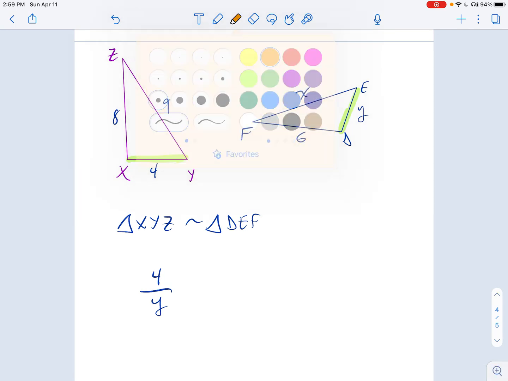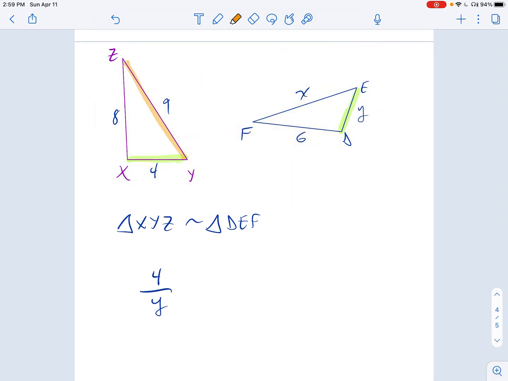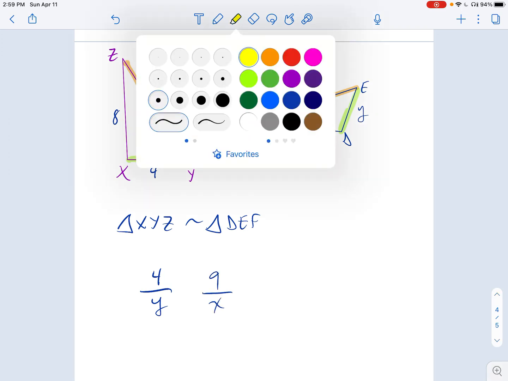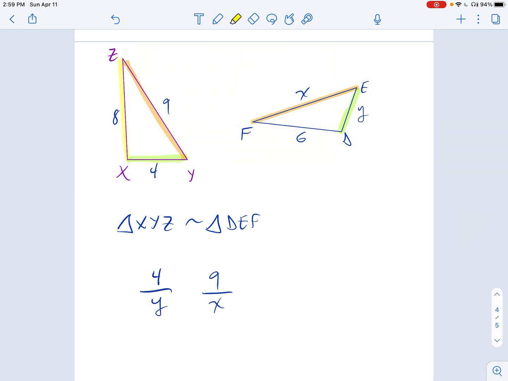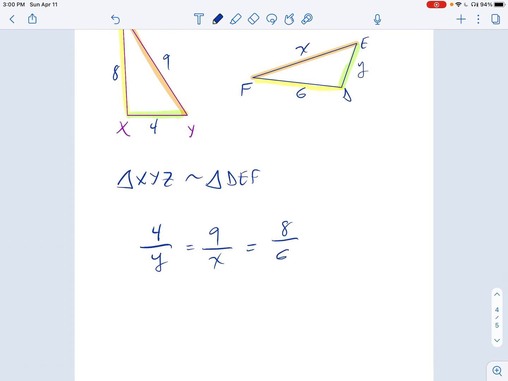Segment YZ matches segment EF, right? Maybe that looks right from the picture, but you can also read it off. YZ matches EF, which means that 9 corresponds to x. And then finally, XZ matches DF, which means 8 corresponds to 6, and these are all equal. If they're all equal, I can write them in any order.